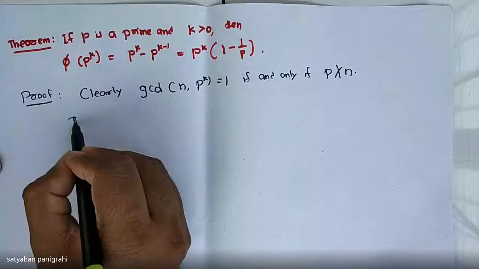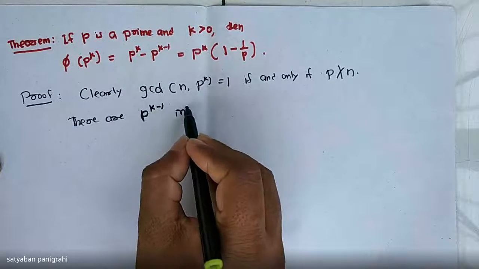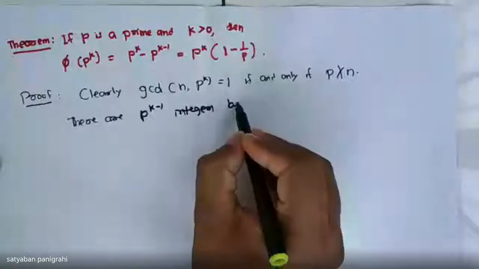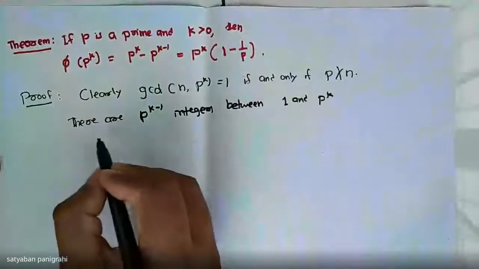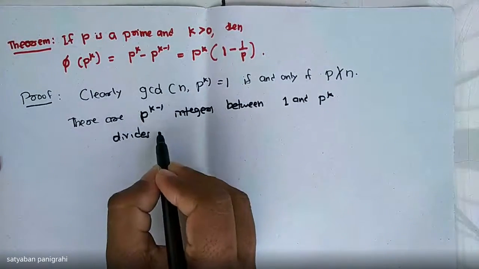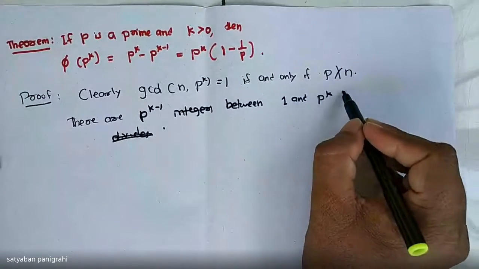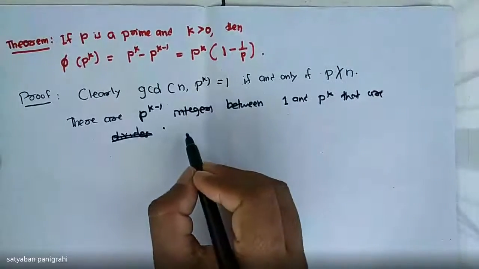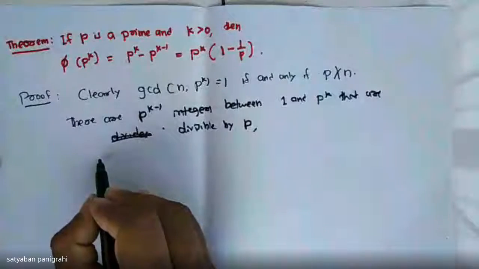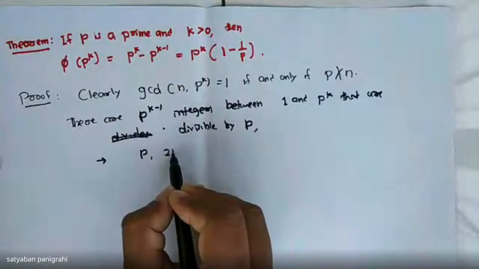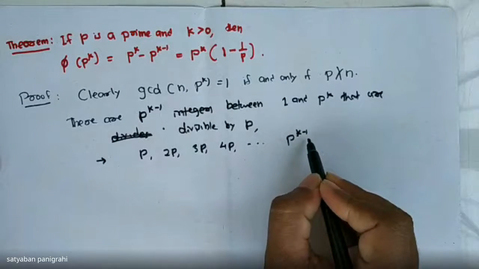Now there are p to the power k minus 1 integers between 1 and p to the power k that are divisible by p, and these are p, 2p, 3p, 4p, up to p to the power k minus 1 times p.